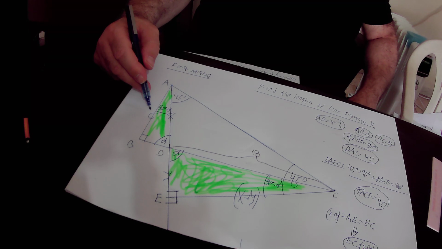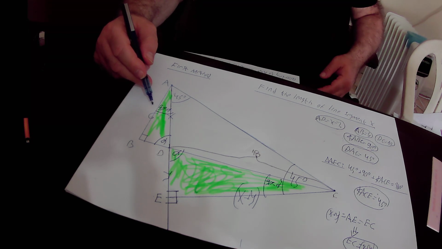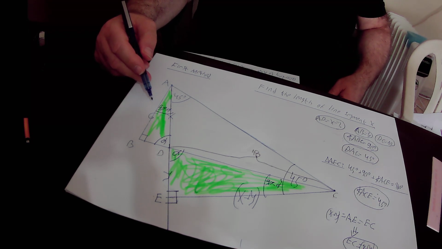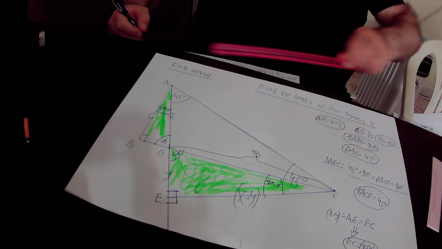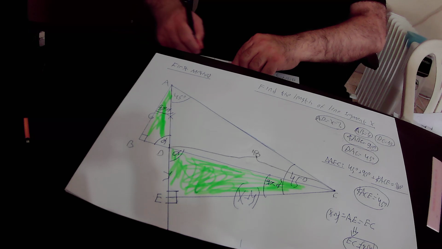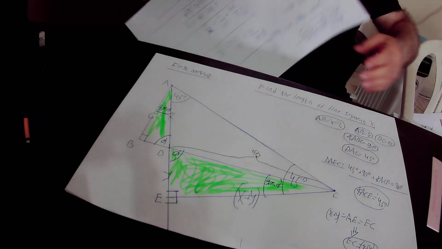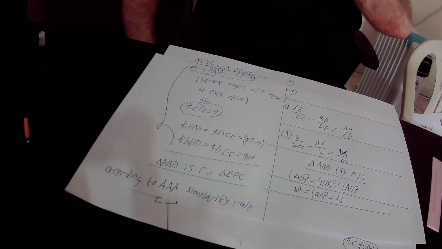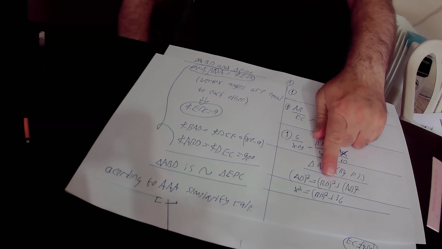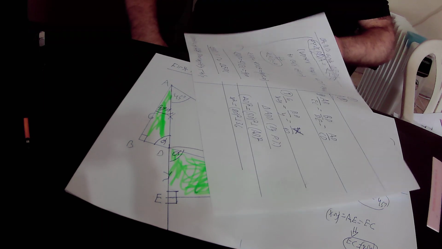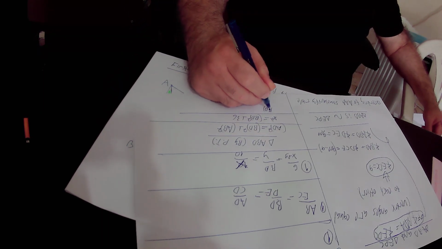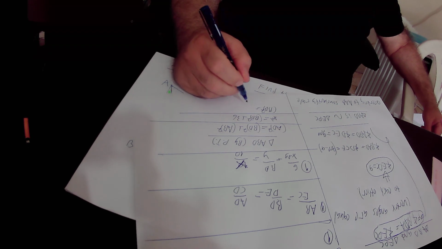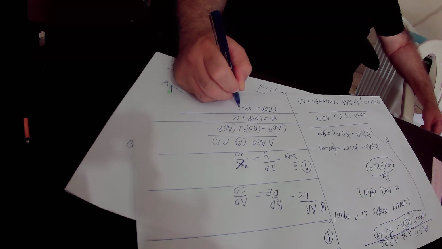AB equals 6 units, so AB squared is 6 squared. 6 squared is 36. So here we will subtract 36 from this equation, and we get that BD squared is equal to x squared minus 36.